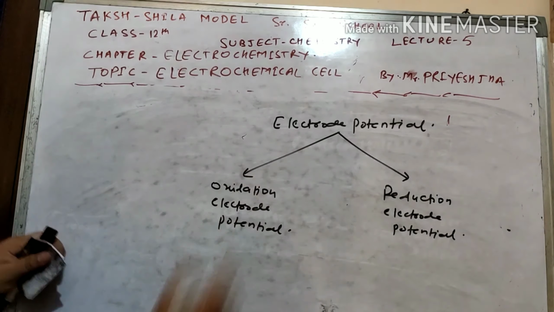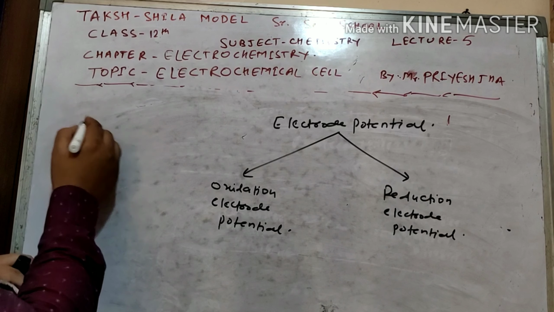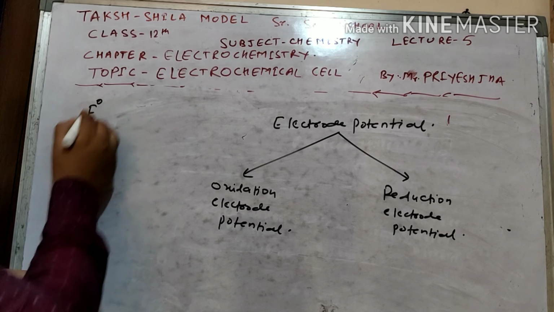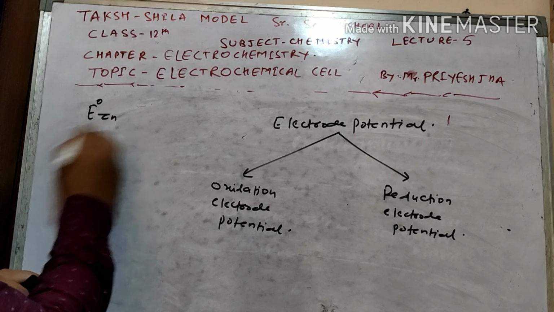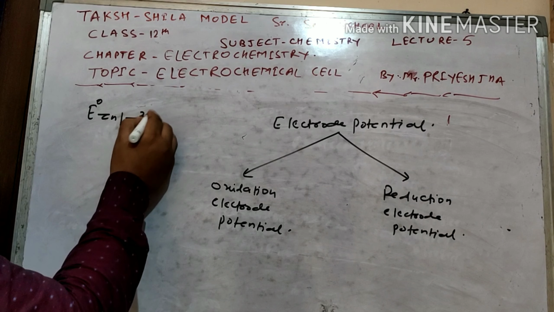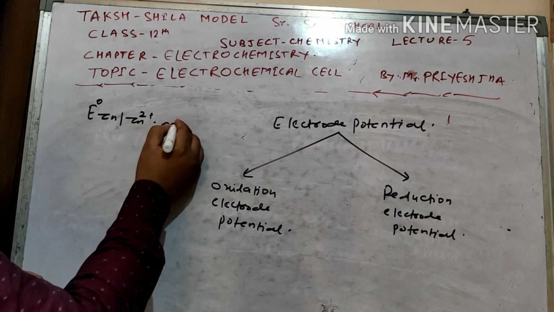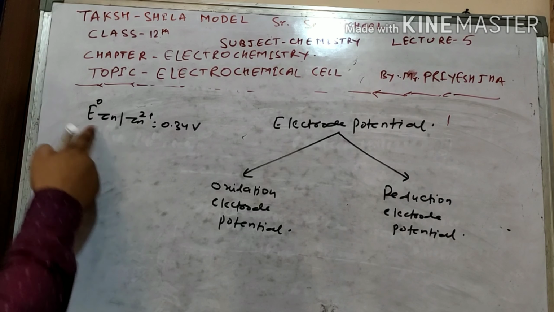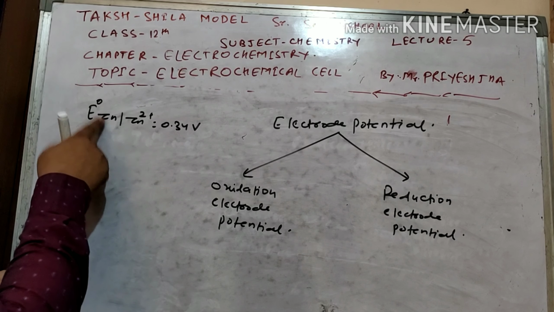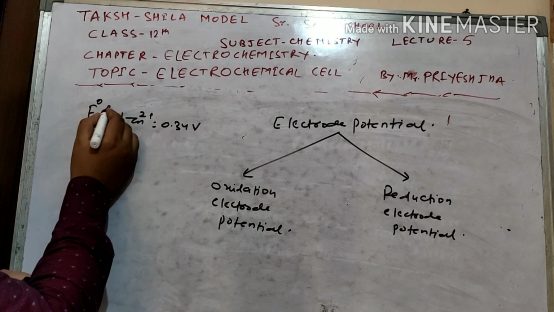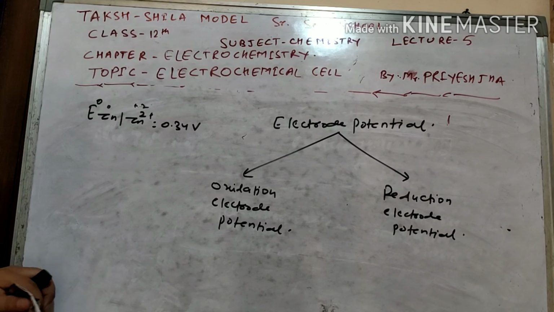For example, suppose the electrode potential of Zn to Zn2+ is 0.34 volt. This is the oxidation, because here the charge is 0 and this is plus 2.